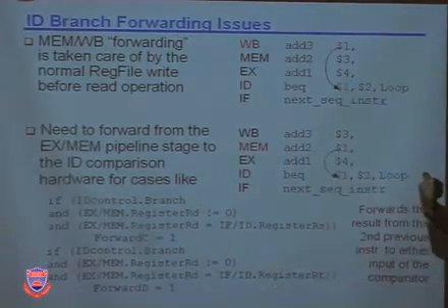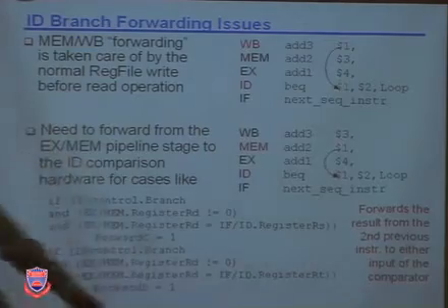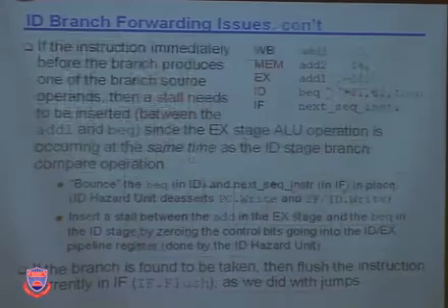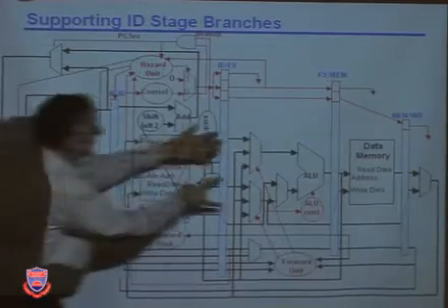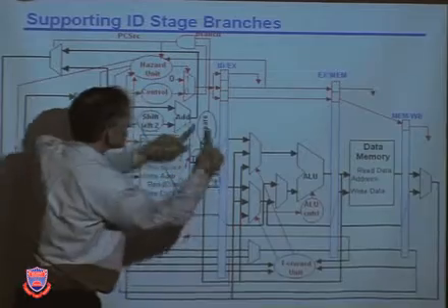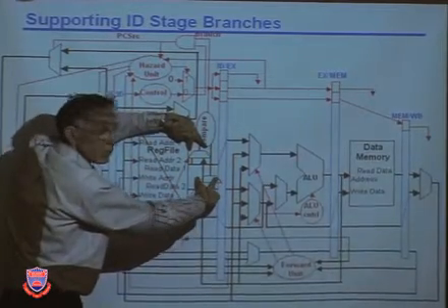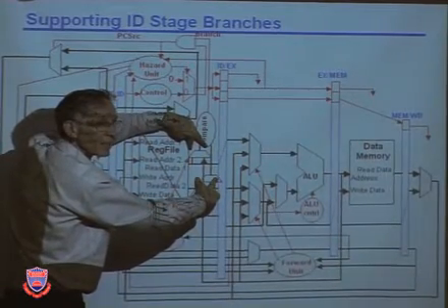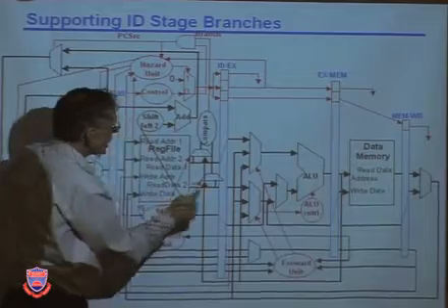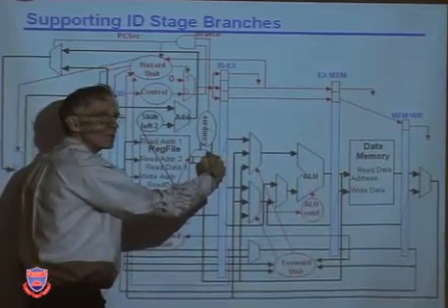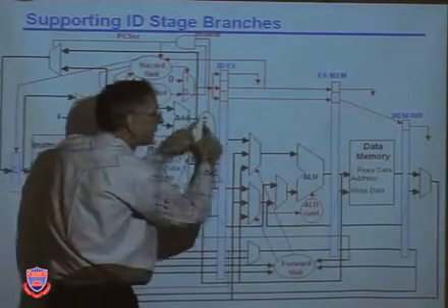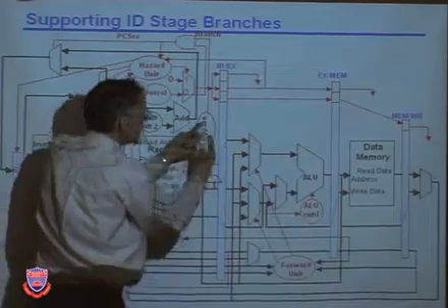Just like the ALU inputs needed forwarding muxes, so do the comparator inputs need forwarding muxes. You understand? And that means we have to now come up with control signals for those muxes to know when to do that and when to do that.